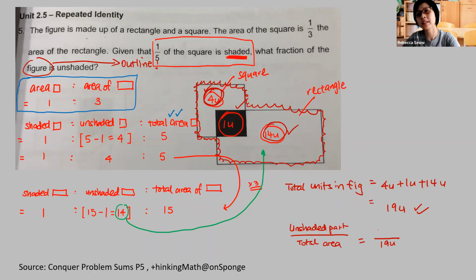So in the numerator, I'm going to break it down by putting down 4u plus 14u, and that gives us 18u out of 19u. Now, since both are in terms of units, let's just put the units away. And in terms of the fraction, it will be then 18 out of 19. So this solves the question.